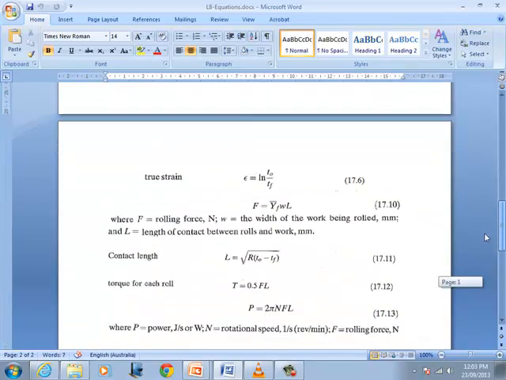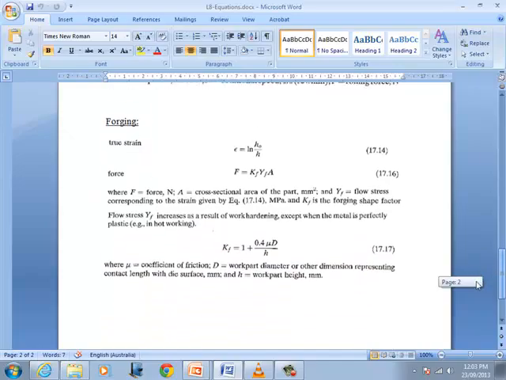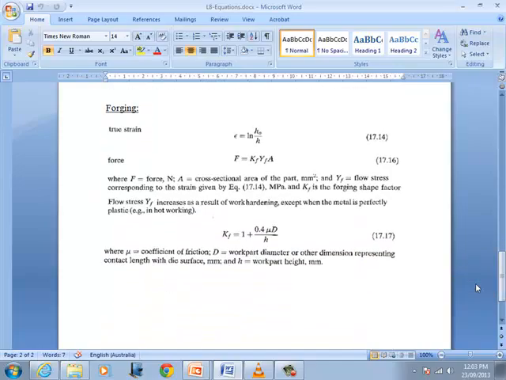Once this is done, we still need to compute KF by making use of this equation. When KF is computed from here, YF is computed from the top equation, and also A is computed because diameter is given, it's not hard to compute the required force, right?